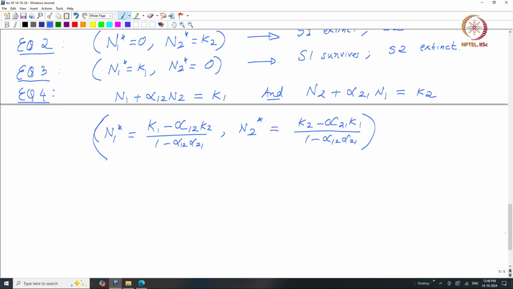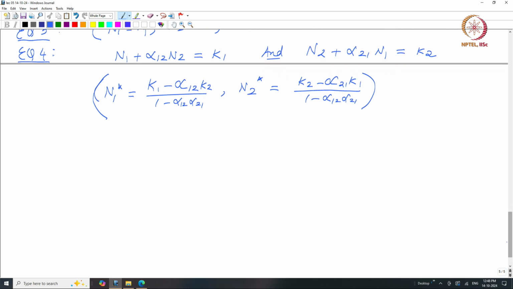Now, I know this has been a lot of mathematics, we really would like to make sense of these equations in a biological setting. So, to make that a bit easy, let me simplify the notations.